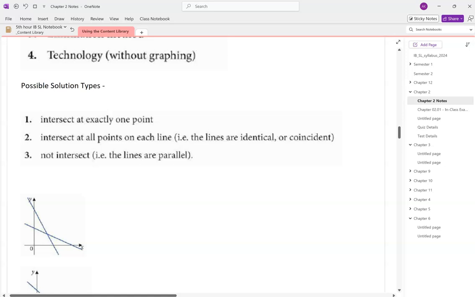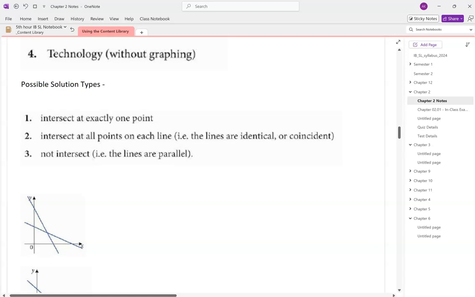There are 3 possible solution types that we can get when solving a system of linear equations. We can get exactly one solution, i.e. the lines intersect at exactly one point. We can get infinitely many solutions where the 2 lines coincide, i.e. they overlap and intersect at every point on the line.